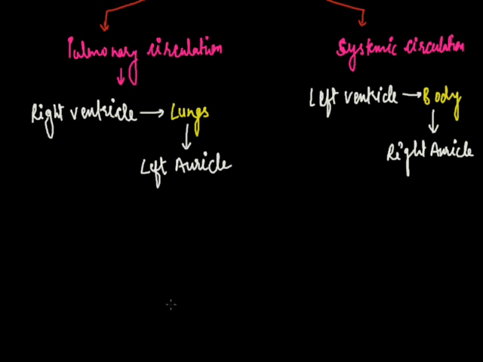In pulmonary circulation, blood flows from the right ventricle to the lungs and from the lungs to the left auricle.